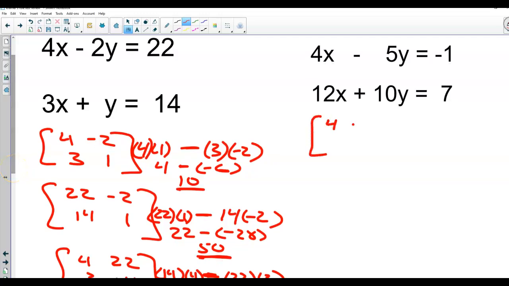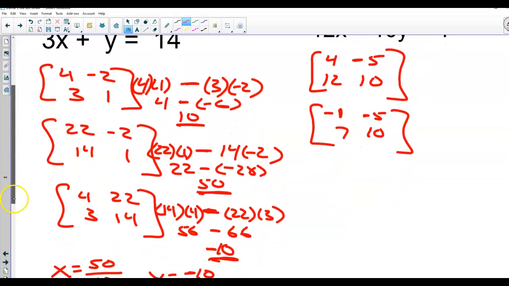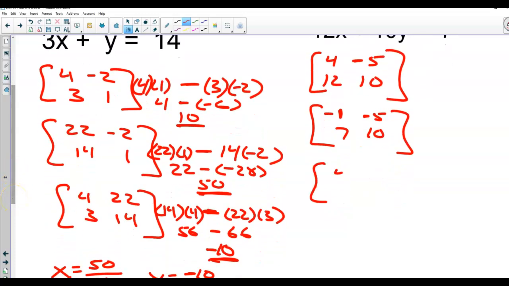Now, when I give you fractions on the test, you're not going to get fractions that are ridiculously hard to work with. Okay? Could you? Yes, that's not what I'm going to give on the test, though. So negative 1, 7 replaces 4, 12. Negative 5, 10. 4, 12, and the negative 1, 7 replaces the negative 5, 10.